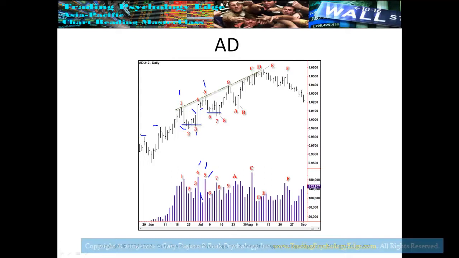So supply does come in, and we see this coming down, but notice that as we come down, what happens to volume? It gets less, right? So supply is not ready to exert its control yet. At 7, we go underneath the support at 6 and immediately turn around on 8. This is another one of those shakeouts.